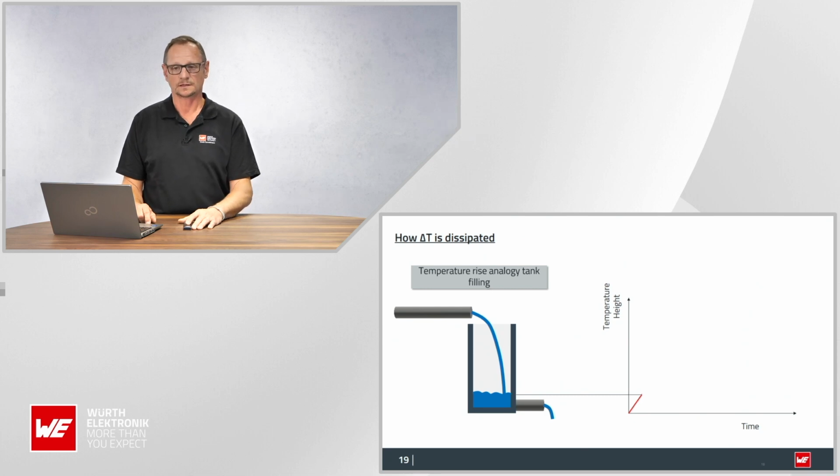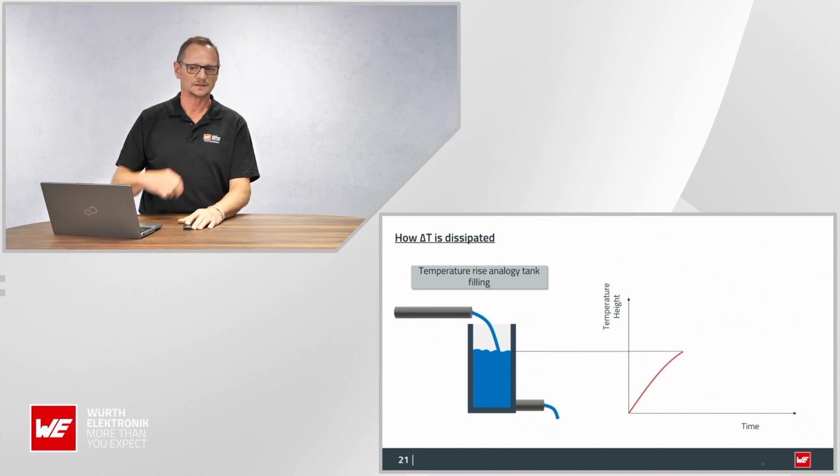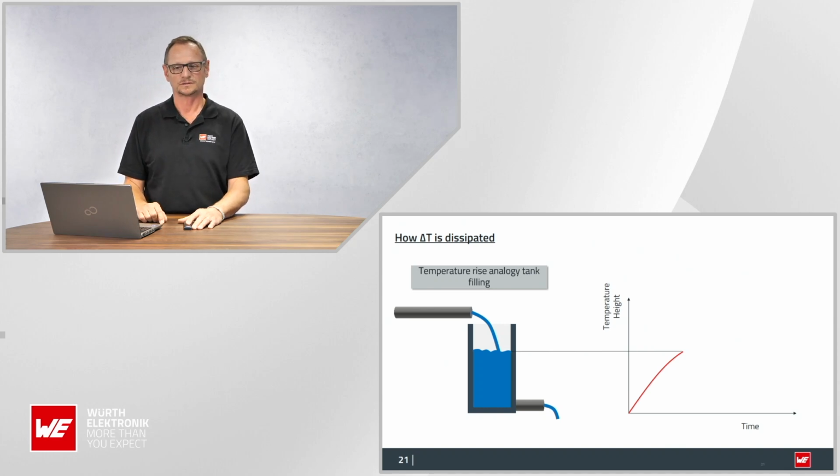So this tank slowly is going to fill up, and we have a curve like this. Even while the level is rising in the tank, the pressure on the bottom valve is increasing, and therefore the throughput is also increasing.